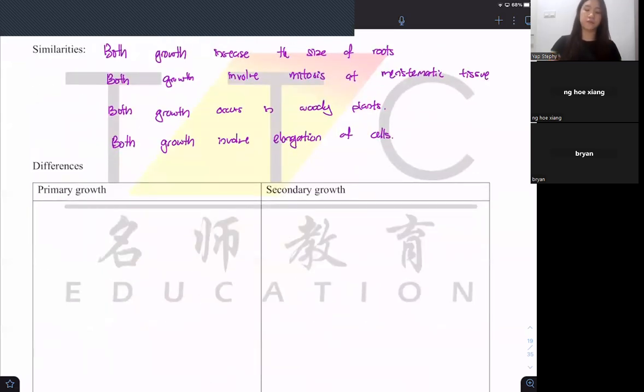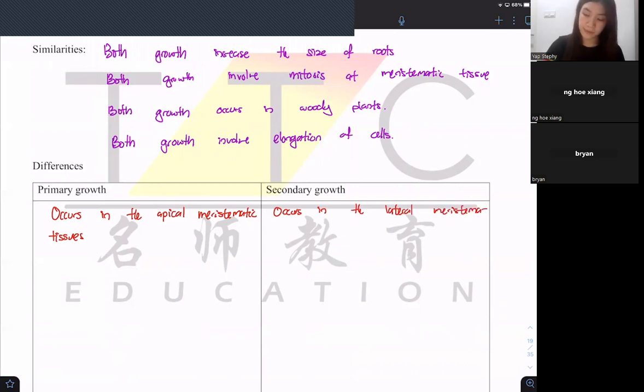Next, the differences. First, primary growth occurs in the apical meristem. Secondary growth occurs at the lateral meristematic tissues.